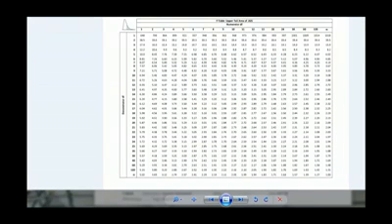So here's your F table. This is your denominator degrees of freedom for sample 2, and the numerator for sample 1. We haven't done the sample problem yet, so we'll get to that when we do the sample problem. Your textbook should have one of these tables in the back of your book. If you don't see it, go on the internet and you can find one, or on my website.